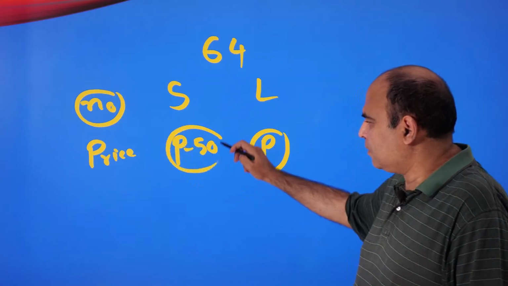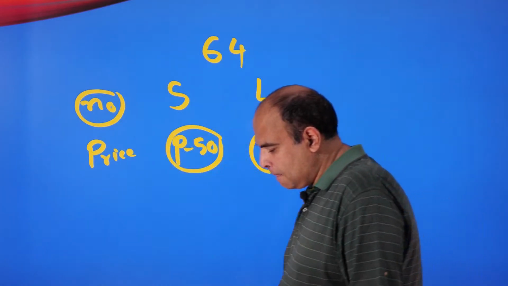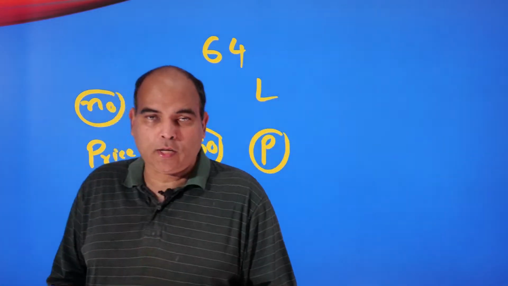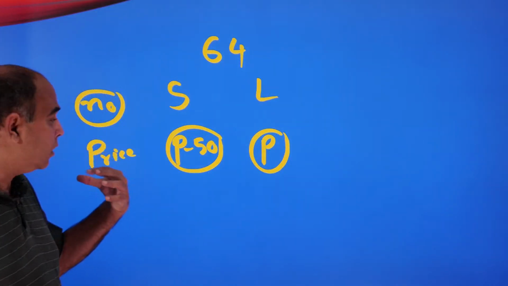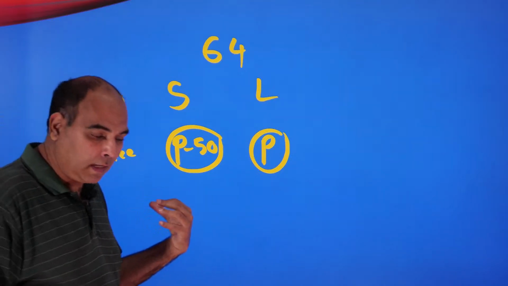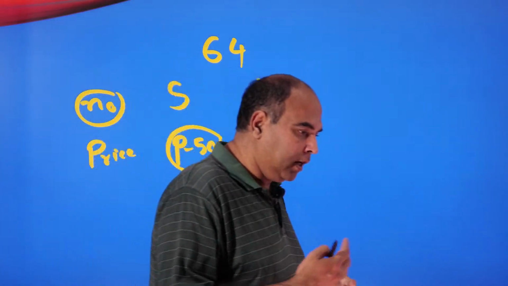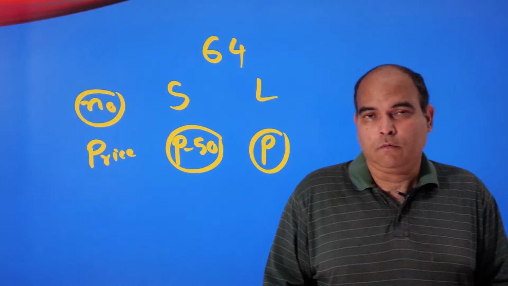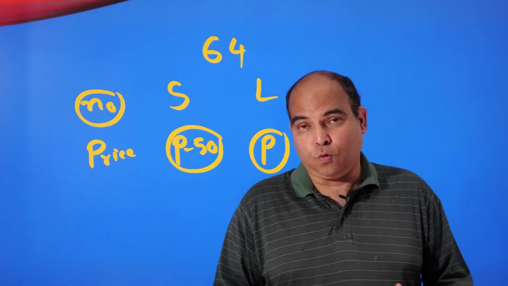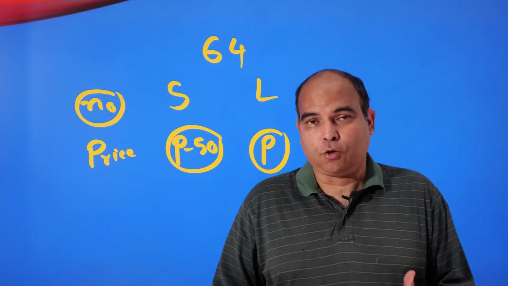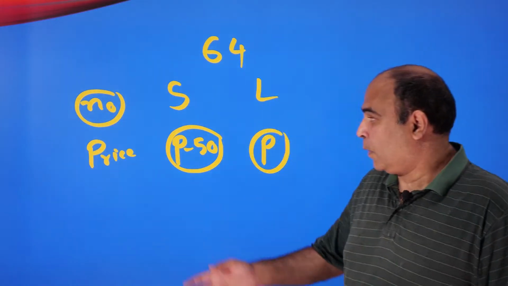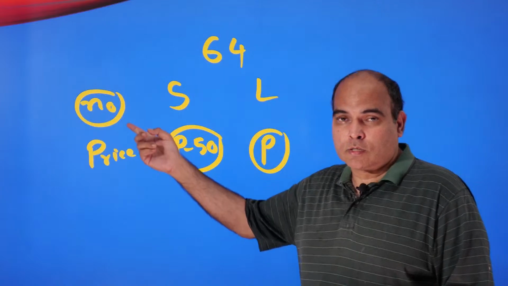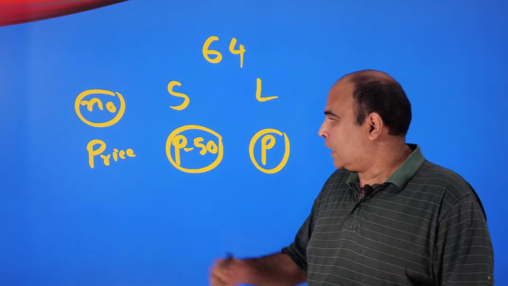So if I am using the algebra, this is what I am thinking. And the moment I see a question in which they are talking about number of shirts sold and the price of the shirt sold, I know without reading the question further, I can predict that the question will go into the cost of purchase, because there's only one way in which these 2 variables interact with each other, and that's multiplication.